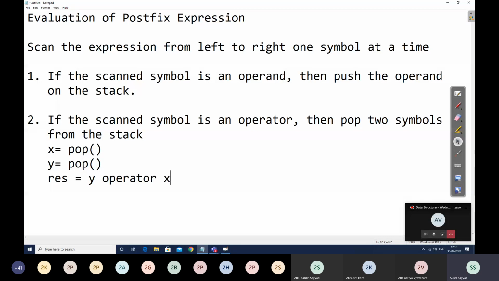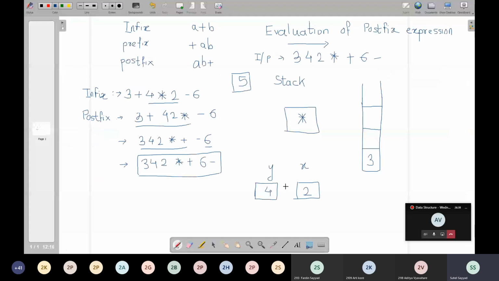Y operator X. Now what is the operator that we have scanned over here? It is multiplication. So we will do Y multiplied by X. What is Y? 4. 4 multiplied by 2. The result that gets evaluated here is 8.